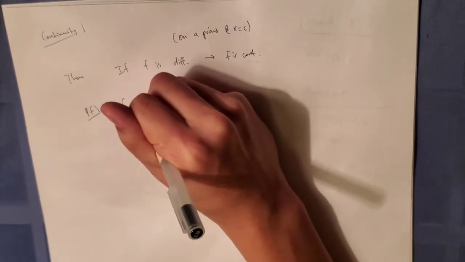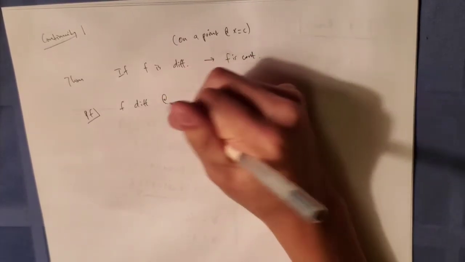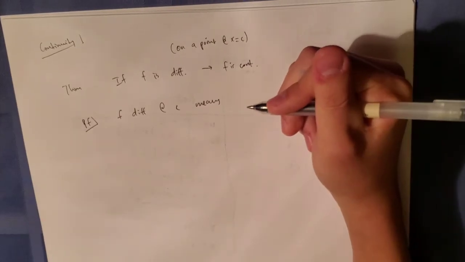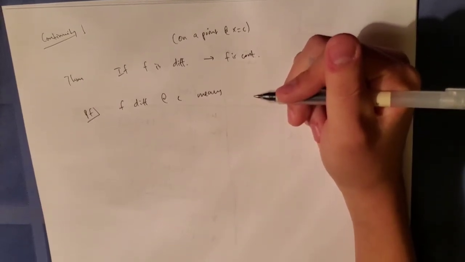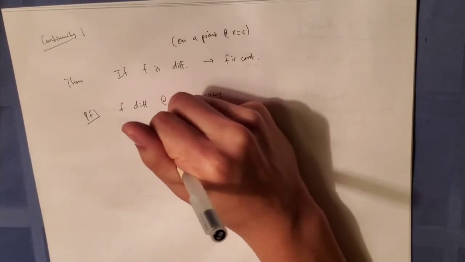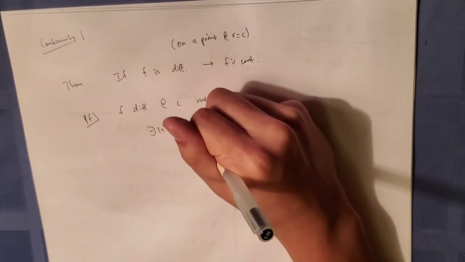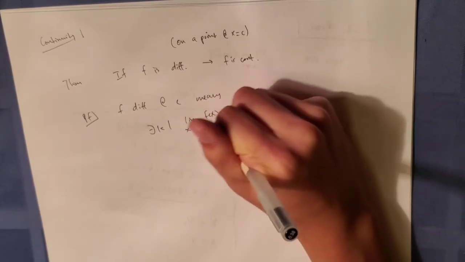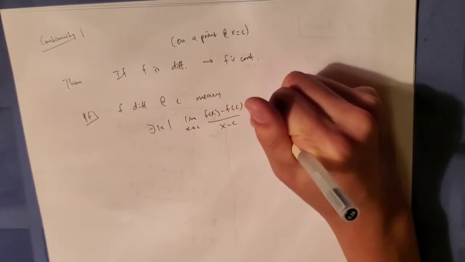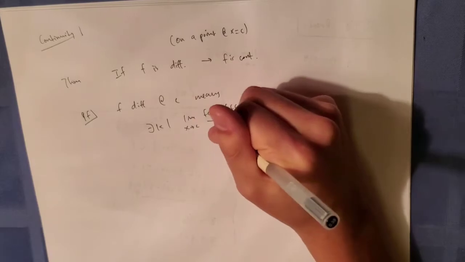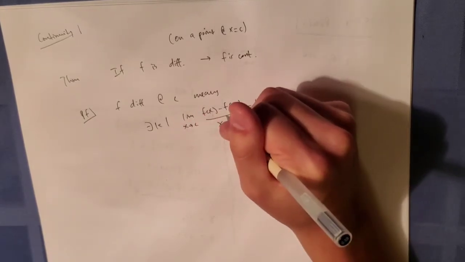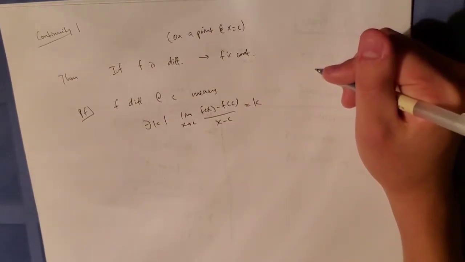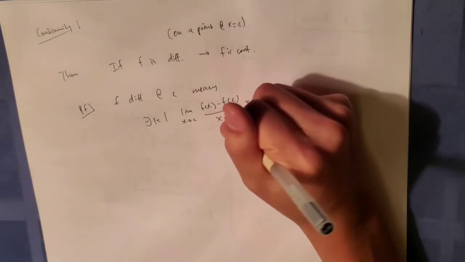So f differentiable at c means there exists a k such that the limit as x approaches c of f of x minus f of c over x minus c equals k. Notice we're using the x approaching c method of finding a derivative instead of the delta x approaching 0 because we want to include a c in here, right?